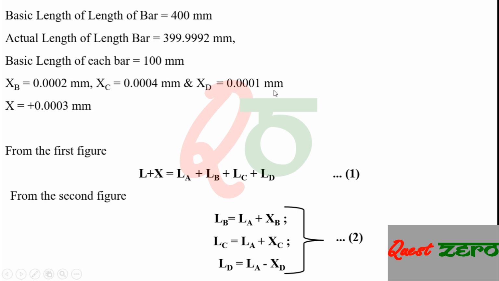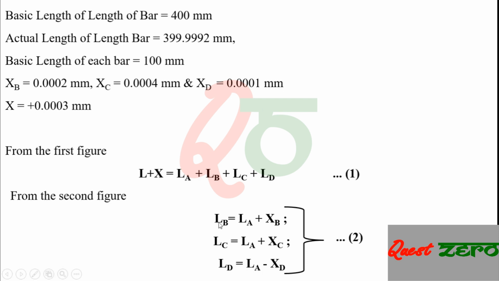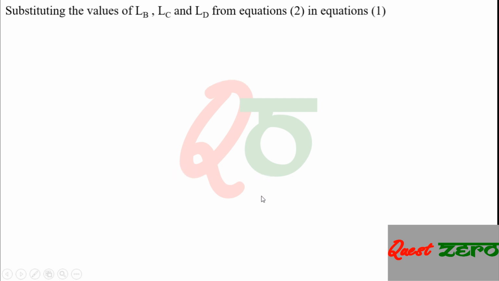What is the value of XD? 0.0001 mm. Now substituting the values of LB, LC and LD in this equation, I will obtain only one unknown, LA, on the right side. So substituting the equations for LB, LC and LD from equation 2 in equation 1, L plus X equals LA plus XB plus LA plus XC plus LA minus XD.